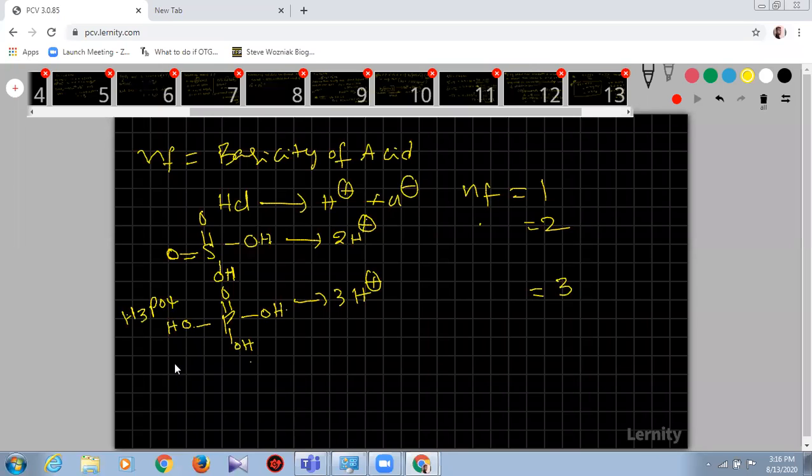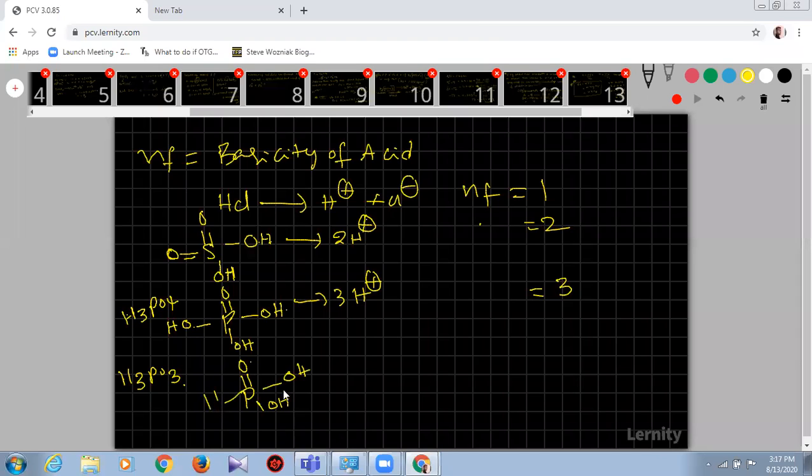Now I will take H3PO3. This is also an acid. One structure of H3PO3 is like this: P double bond O. H3PO4 has 4 oxygens, here there are 3 oxygens, so one oxygen is supposed to be removed. That means P double bond O, OH, OH, and the remaining hydrogen is attached to phosphorus.